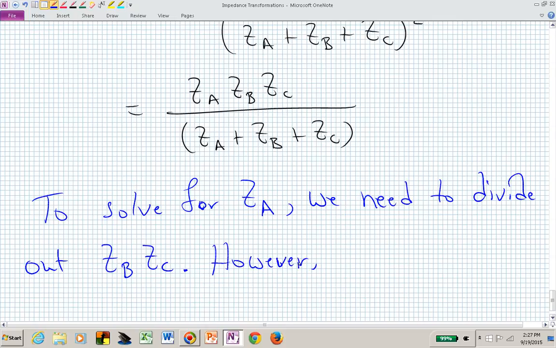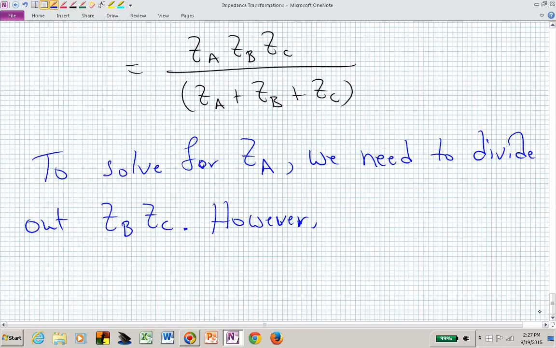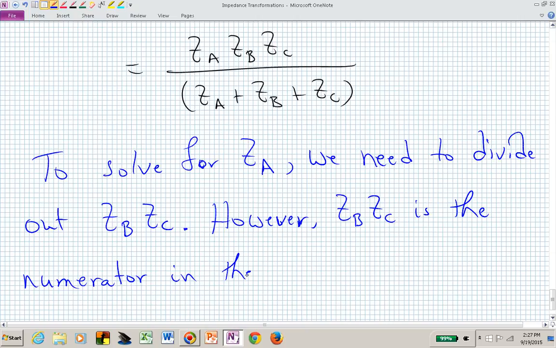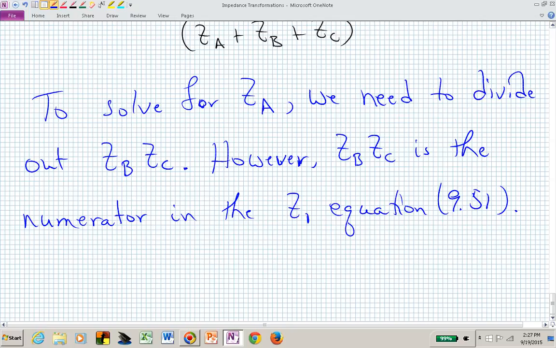But if we go back to our earlier derived relationships, we can see that Z sub B, Z sub C is in the numerator in the Z1 equation. And that was equation 951.